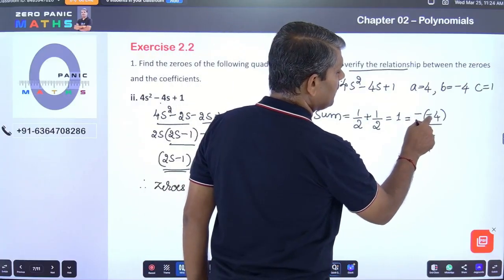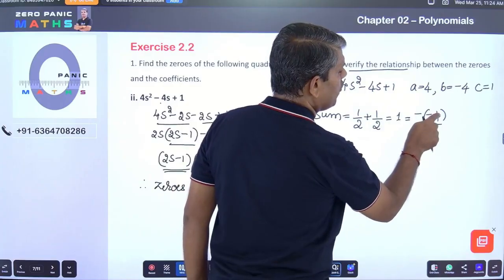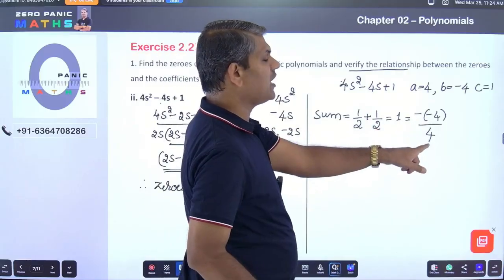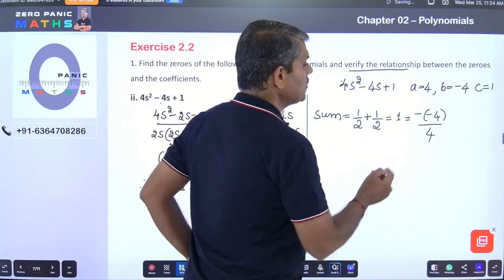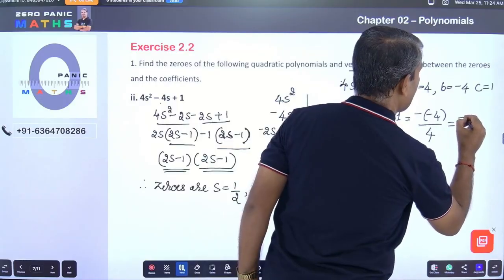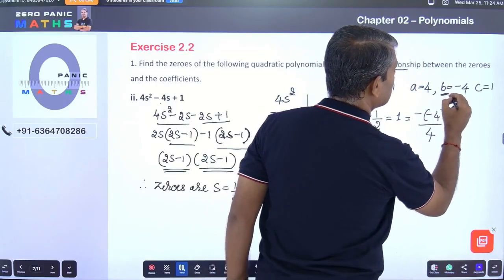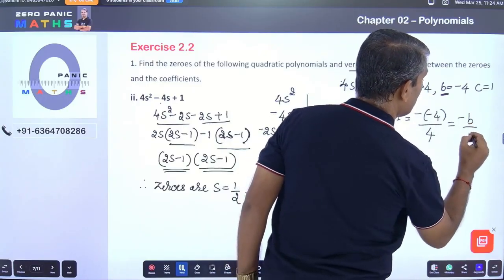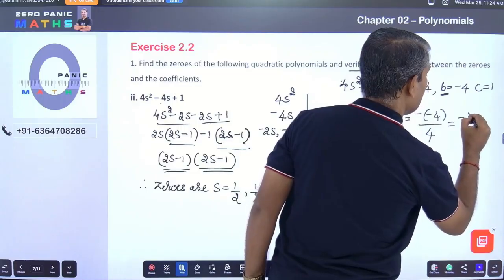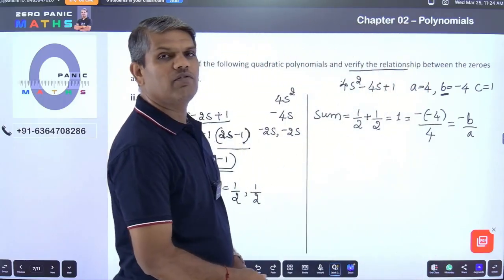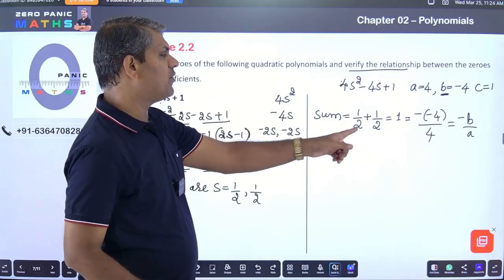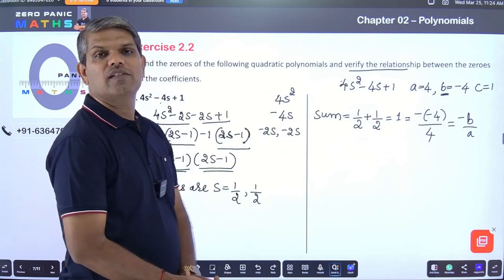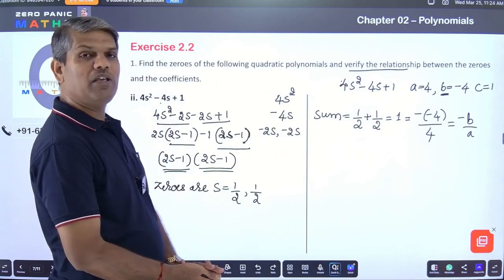I'm keeping minus of minus, that is plus only. 4 by 4, that is 1 only. So there is no change in the equation, but I've modified that equation. So minus I will keep as it is. And minus 4 is b. And 4 in the denominator is a. So that is how we proved that the sum of the two zeros that we found for this equation is actually equal to minus b by a.